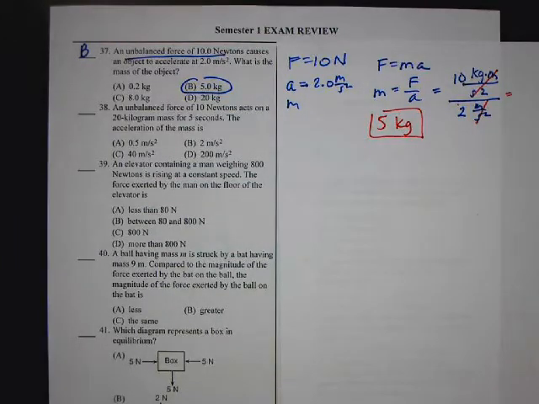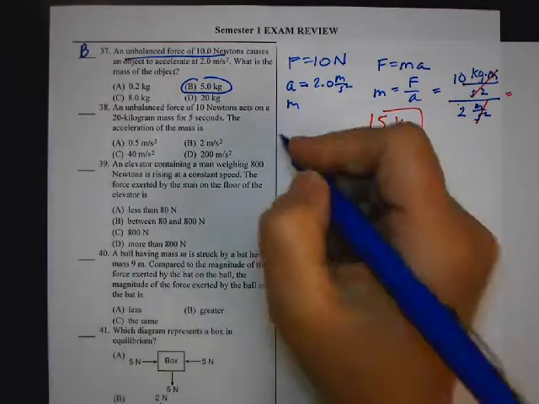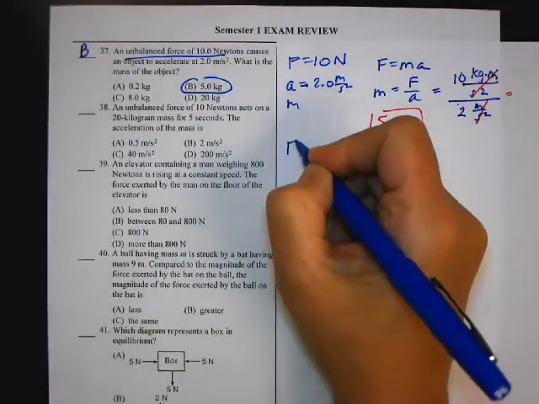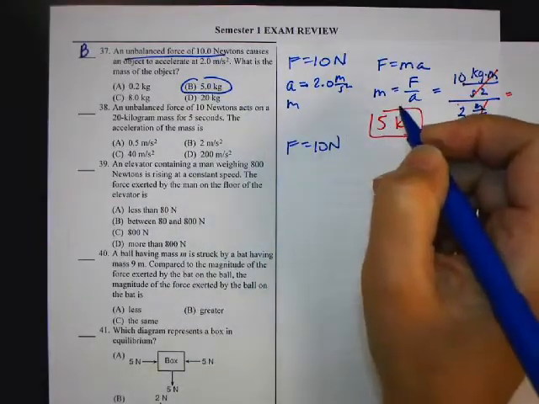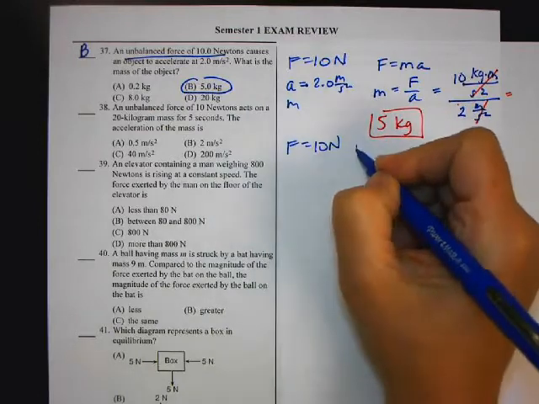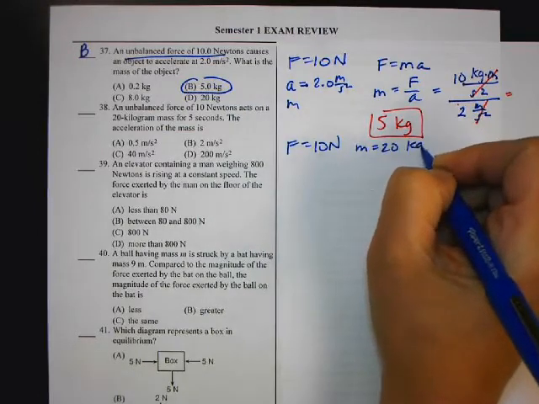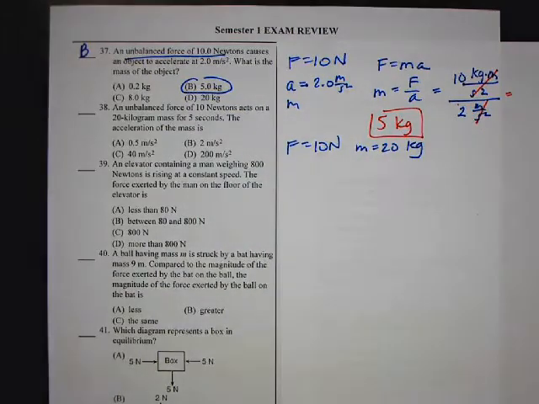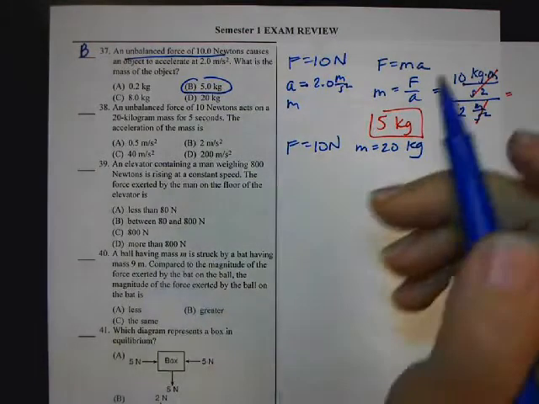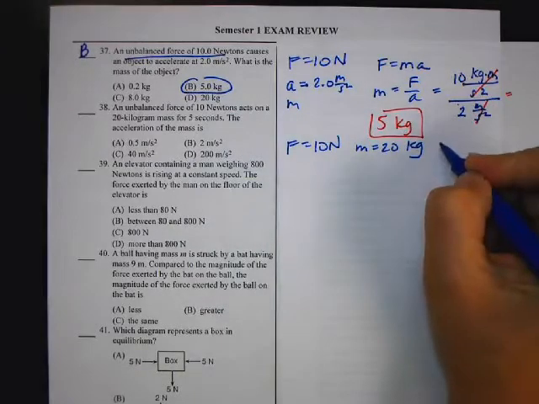Number 38, an unbalanced force of 10 newtons acts on a 20 kilogram mass. Remember, I'm chunking. I read, I write. I read, I write. For 5 seconds. What is the acceleration?